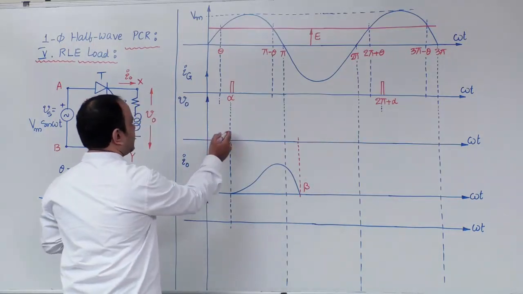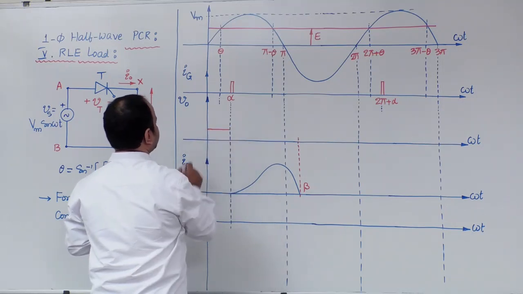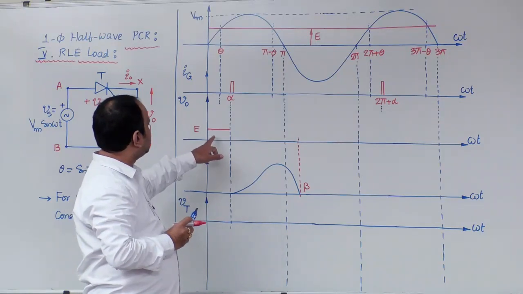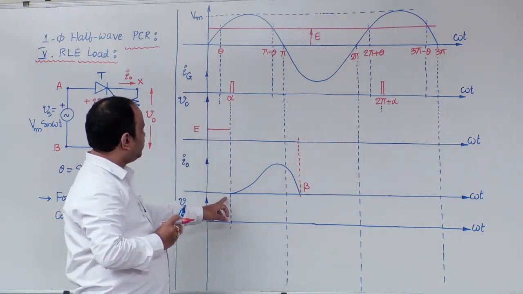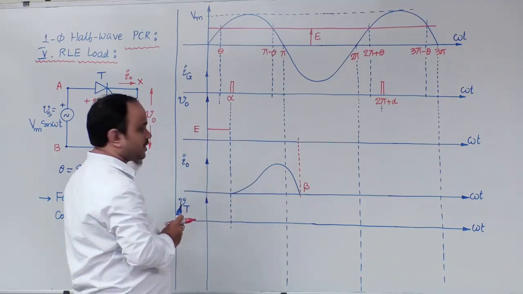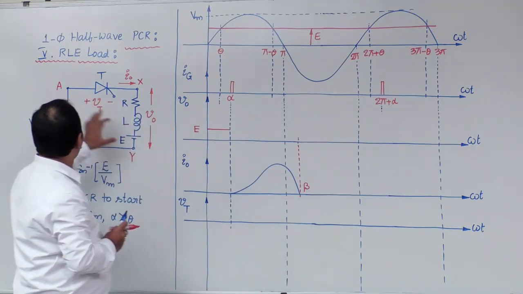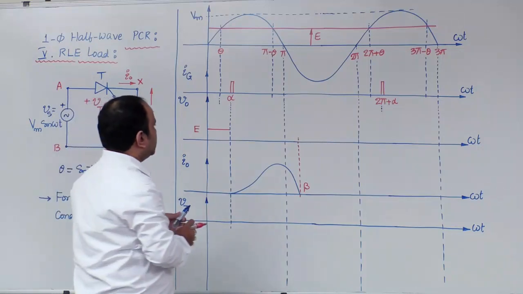Now before alpha, as the device has not yet started conduction, the output voltage is equal to load EMF E. Next, from alpha to beta, as the load current is flowing through the circuit, the output voltage will be the same as the source voltage because the thyristor is in conduction.